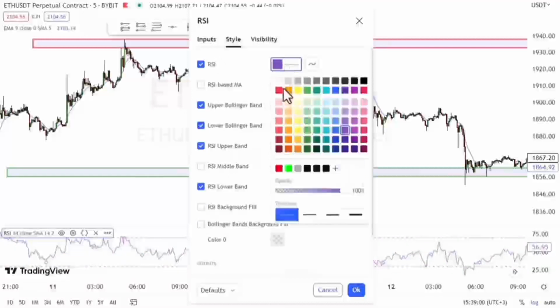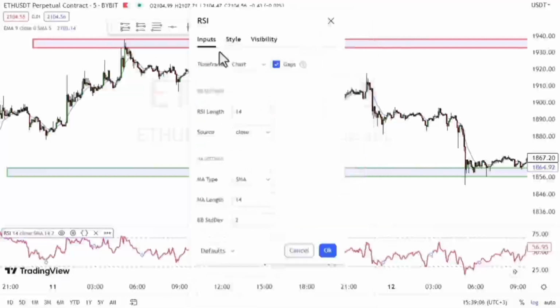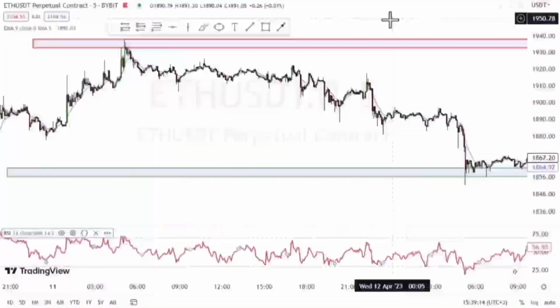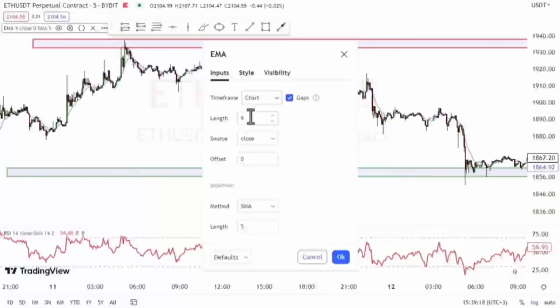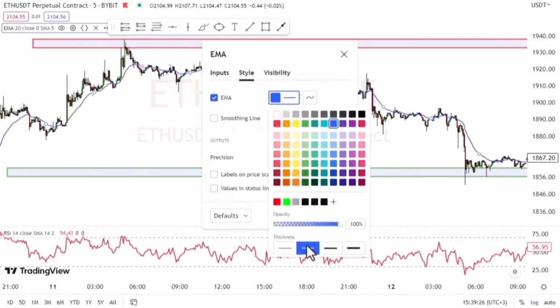I just customize it the way I want, and you can customize it however you want. I do not touch anything else in the input section; that suffices. Then I go to the settings of the EMA. I put it on 20. I make it a little bit more visible by making it bolder and changing the color to black, just like that.